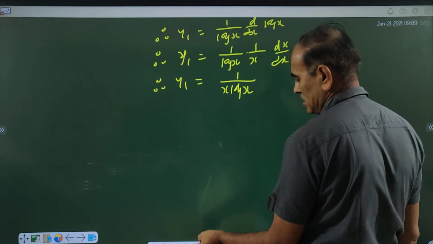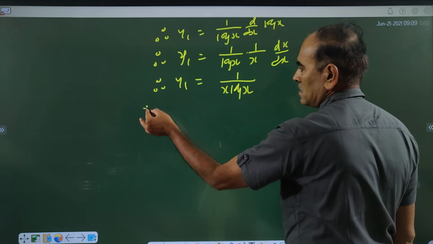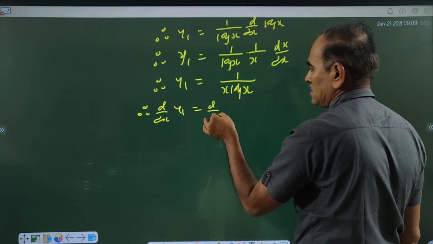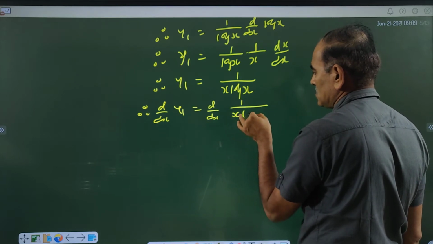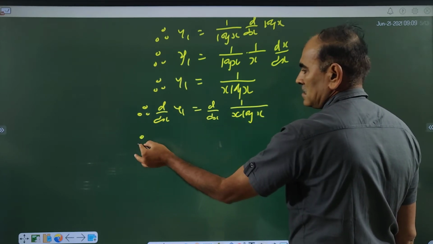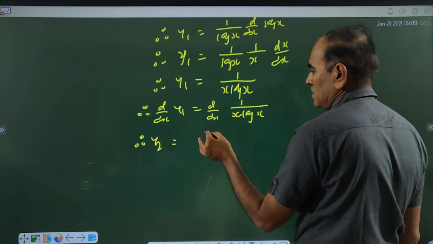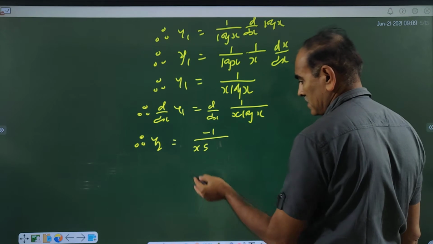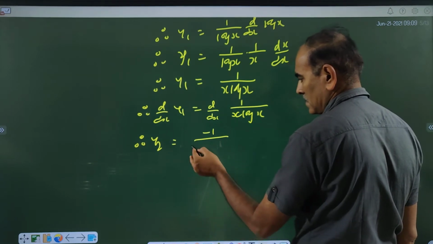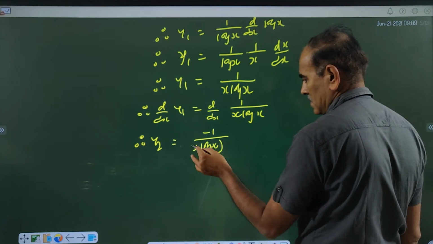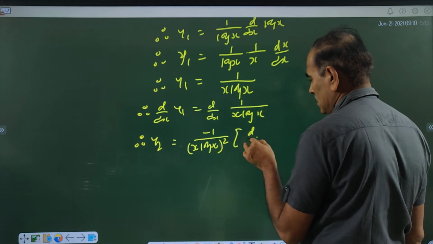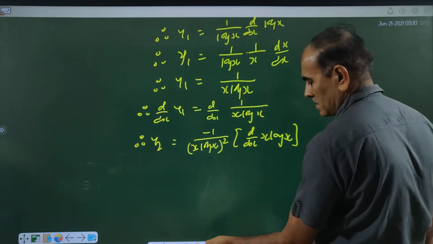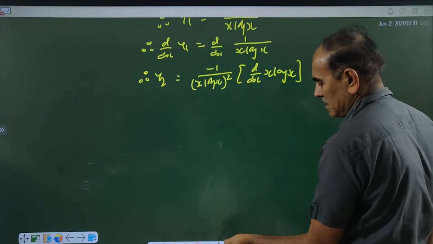So differentiate it. d by dx of y1 is equal to d by dx of 1 upon x log x. This one is y2. Minus 1 upon some function whole square, into d by dx of some function. So that is equal to what?